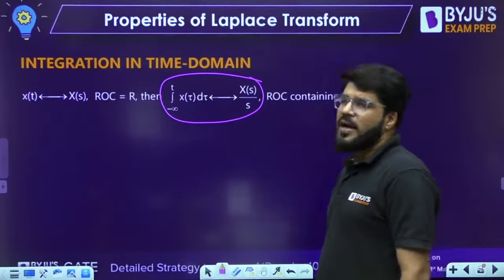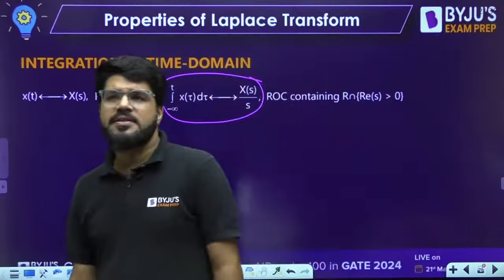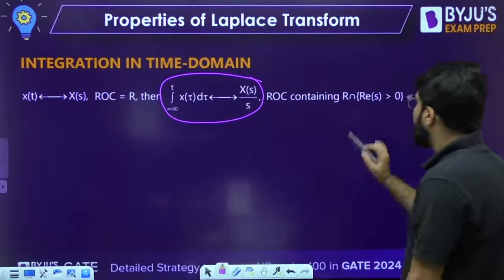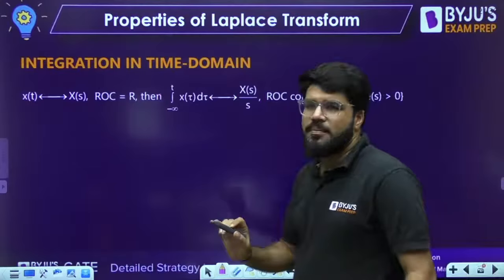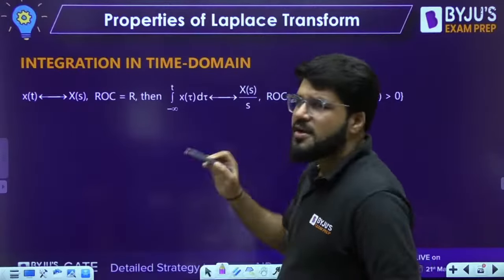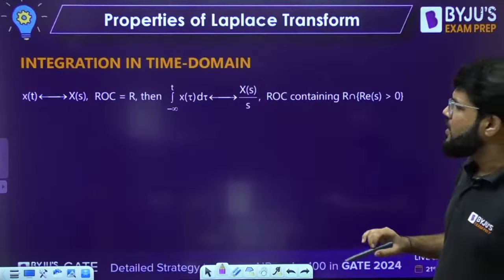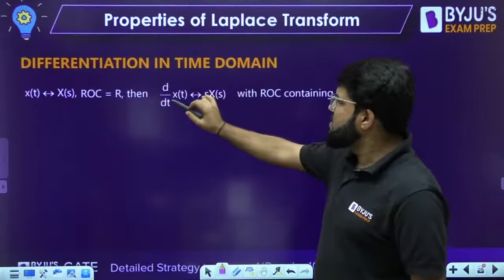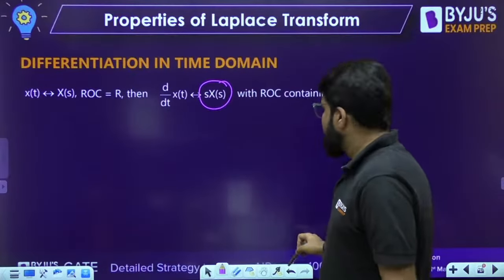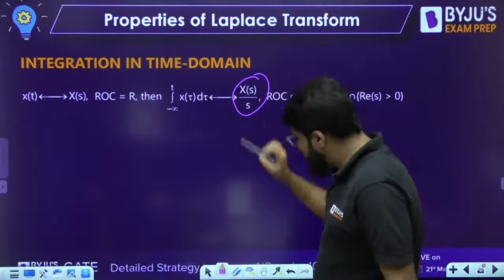Forget ROC now, we know how to remember it. Differentiation in time is multiplication by s, integration in time is X(s) divided by s.